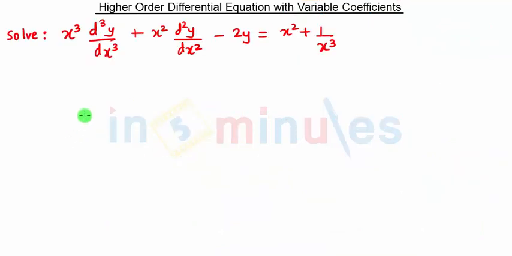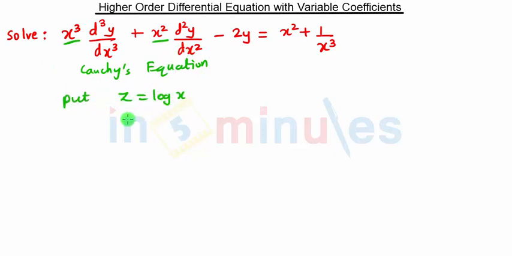So the question is x^3 d^3y/dx^3 + x^2 d^2y/dx^2 - 2y = (x^2 + 1)/x^3. If you see, in this equation we have x^3 and x^2 in front of the derivatives. This is a Cauchy's equation. So we put z = log x, then x becomes e^z.